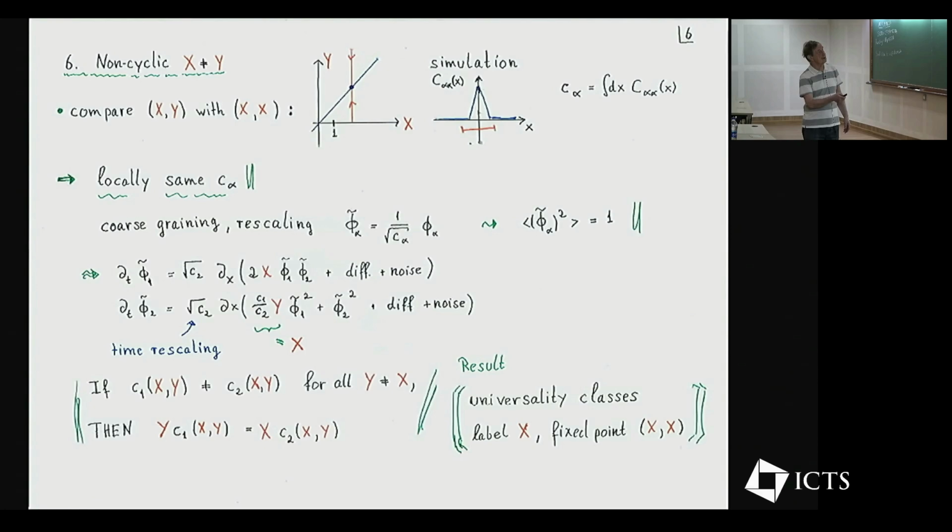Imagine that I look at this line here, and I want to compare xx, which is a fixed point, with another point xy, which is maybe sitting over here. Now, what you see from the simulation is that, for this particular parameter value, when I look at the correlator, it typically is extremely short-range correlated.